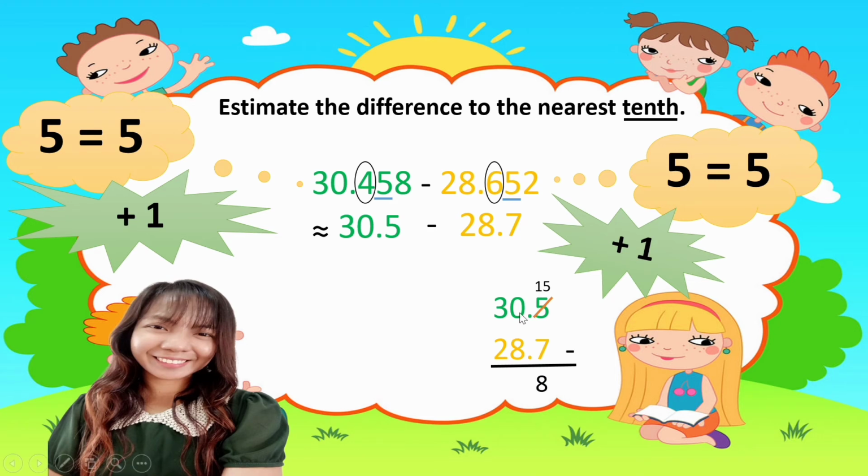Now, 0 minus 8 cannot be, right? It's supposed to be 10 if this number will borrow from 3. But since it borrowed, from 10 it becomes, don't forget the point, 9. Now 9 minus 8, 1.